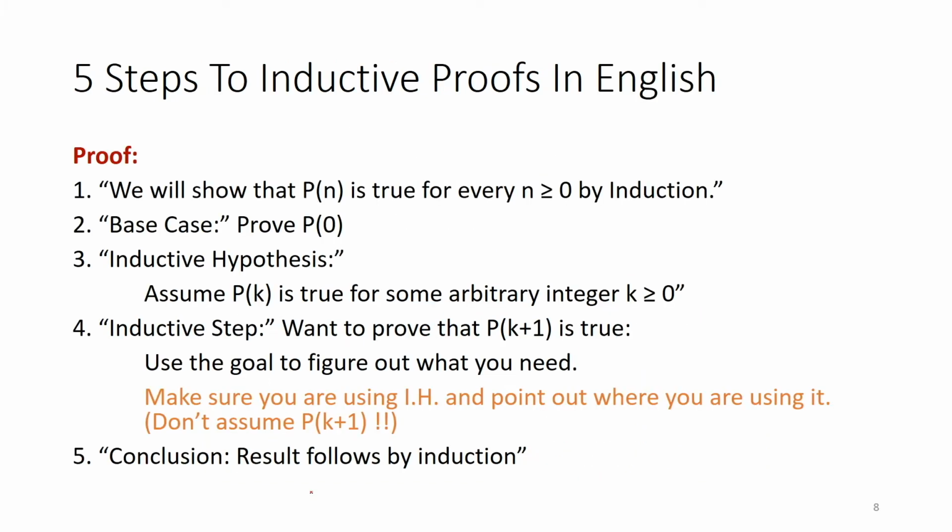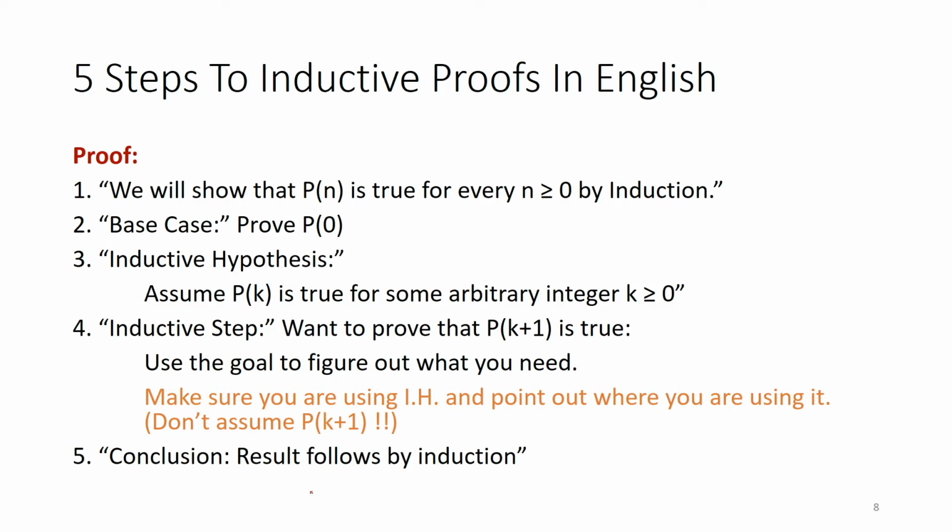So we can write this down in English. First, define the claim. Second, find the base case and prove it. If that is true, we need to find the inductive hypothesis. Assume P of k is true for some k, then we can do the inductive step. In that case, we need to prove P of k plus 1.